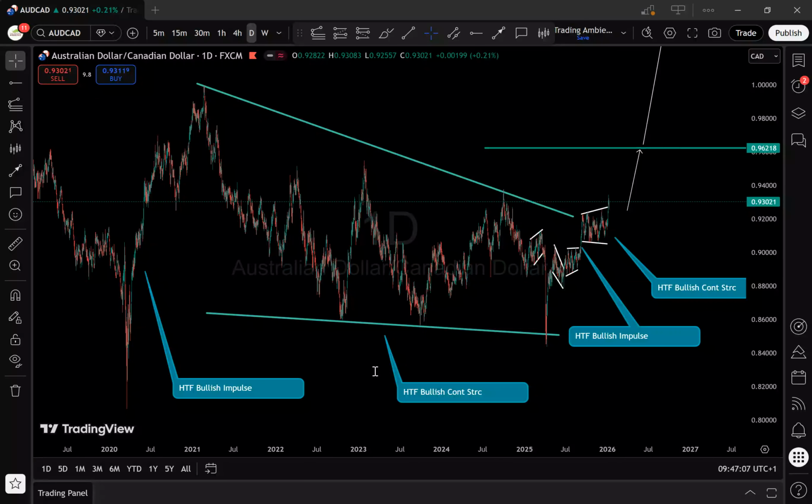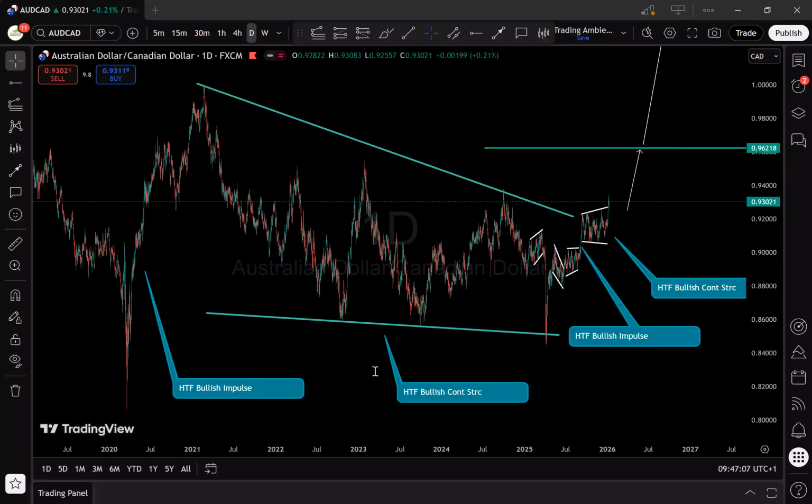But right here, we have a bullish impulse and a bearish reversal structure. Within this bearish reversal structure, we have this continuation structure, although we took a trade there that took us to this high. So right now we are at the top of this continuation structure that is within this bullish impulse bearish reversal structure. This is how I'm looking at the market.